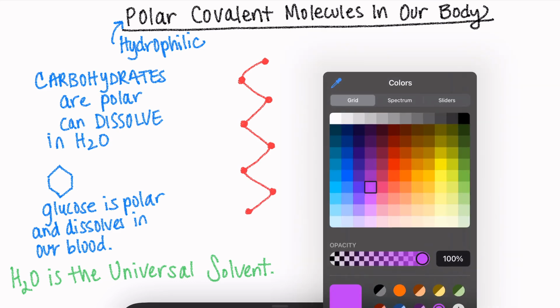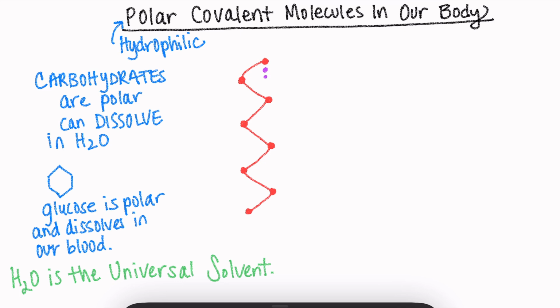And that's because hydrogen bonds can form within the molecule between different polar areas. So, like between an oxygen and a hydrogen, or between a nitrogen and a hydrogen. So, the hydrogen bonds actually help to form the structure of proteins.